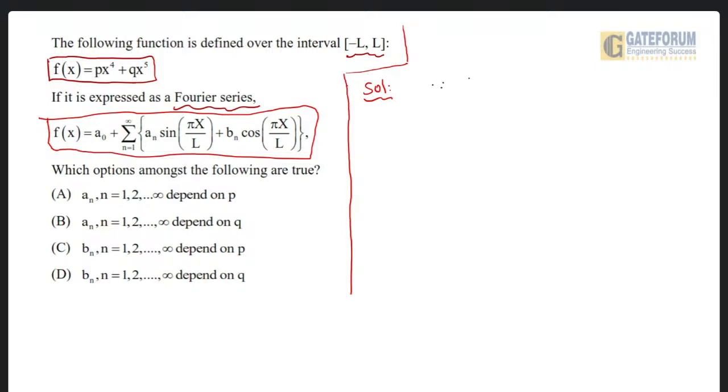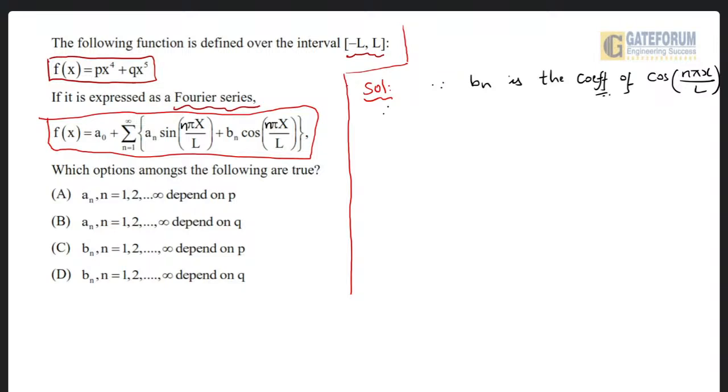Since b n is the coefficient of cos n pi x by L. So here n is missing. Please add n pi x by L. Okay.